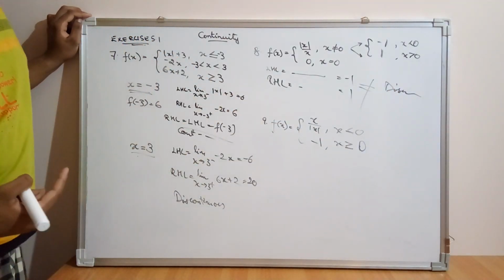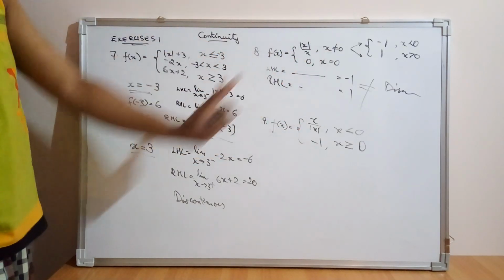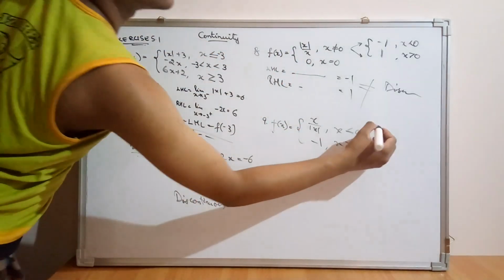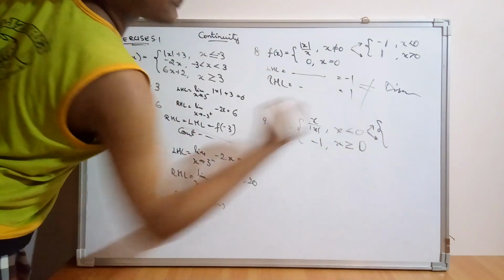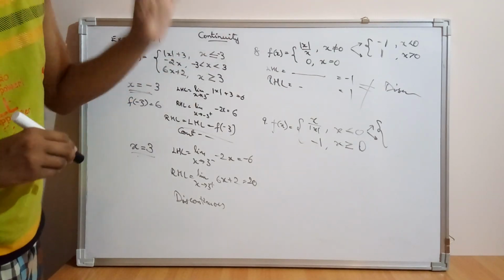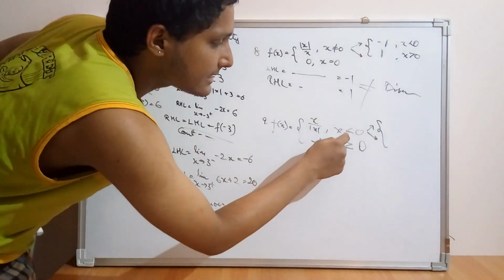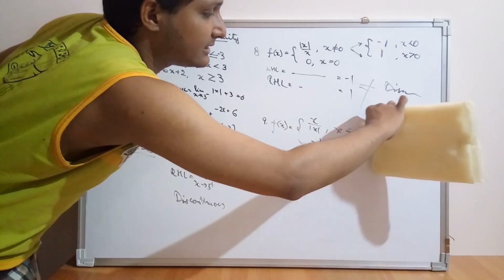Next, we have the 9th question. Let's see how we can do this and what is the difference between these two questions. Our aim was first to split the thing, but the difference between these two is that here x is only less than 0. So I need not split or anything.